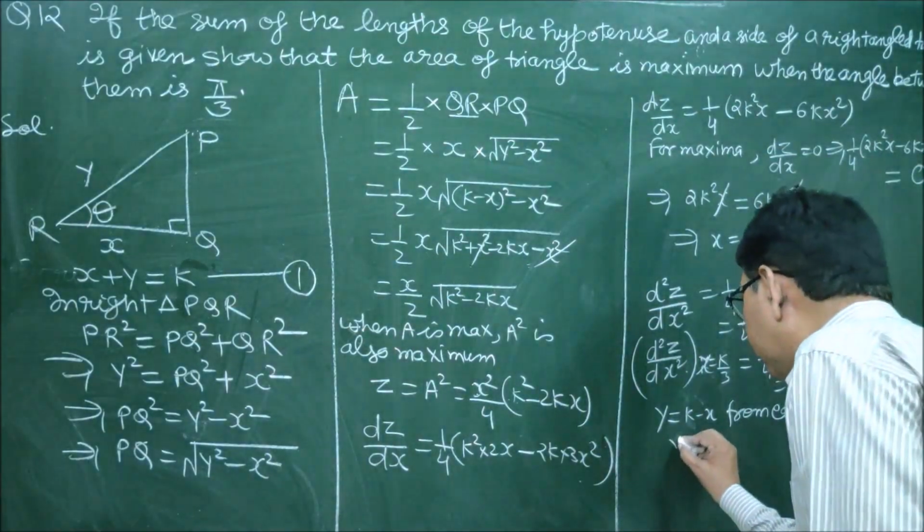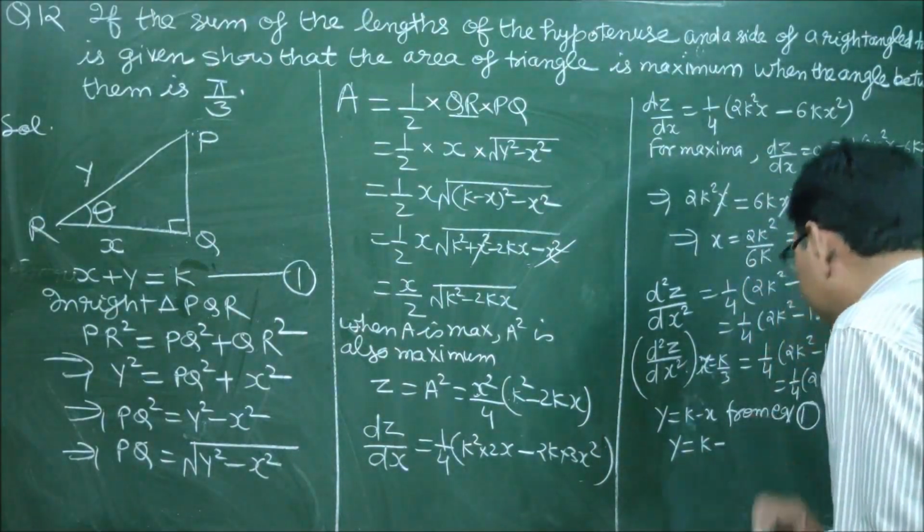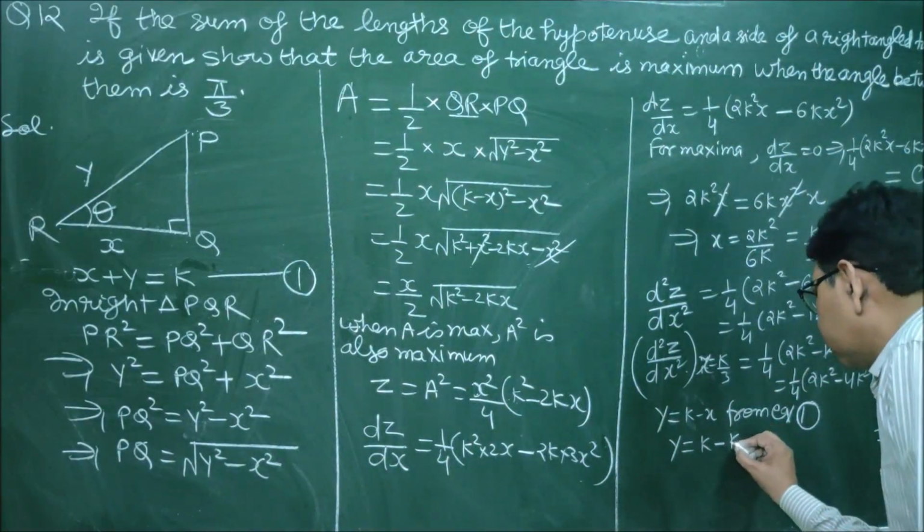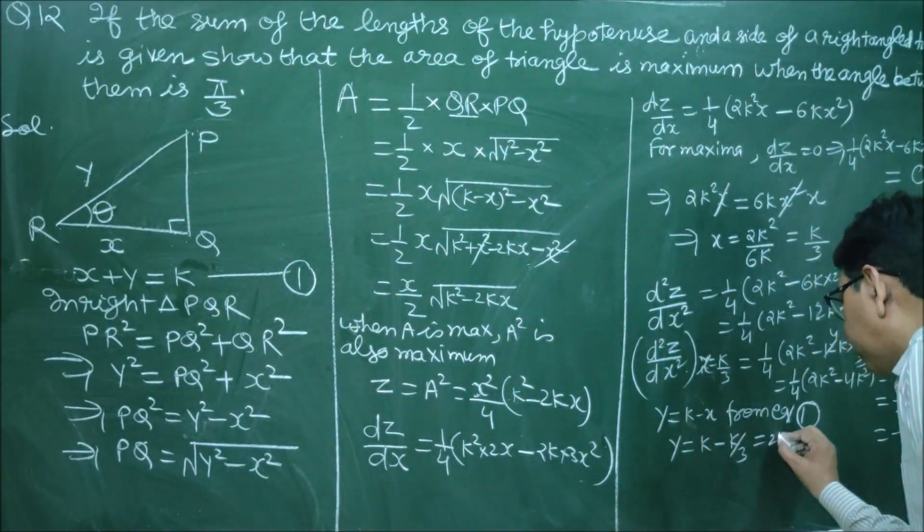So y is equal to k minus the value of x, which is k upon 3. So this is equal to 2k upon 3.